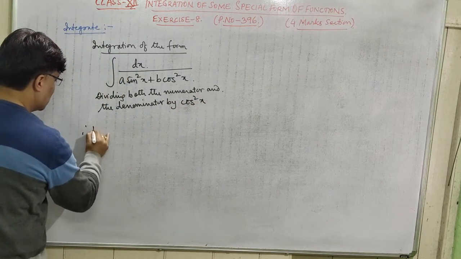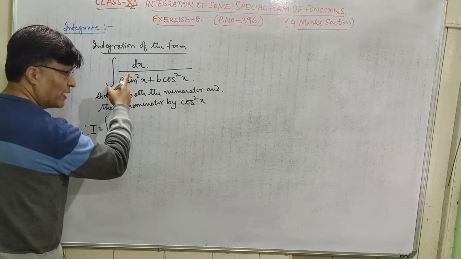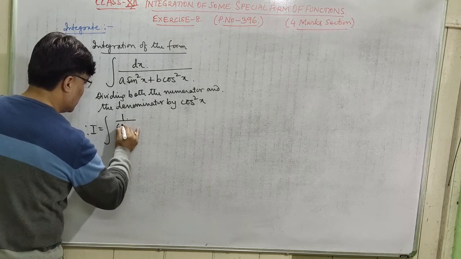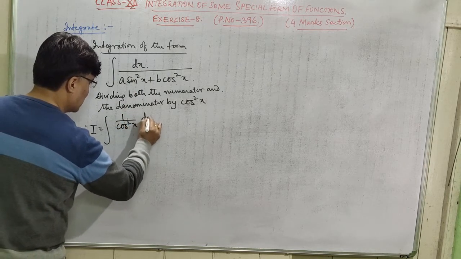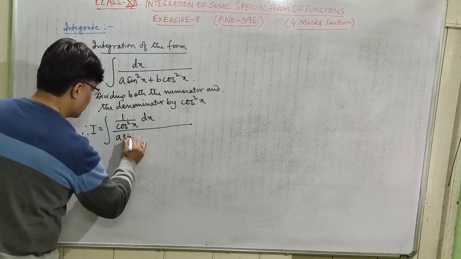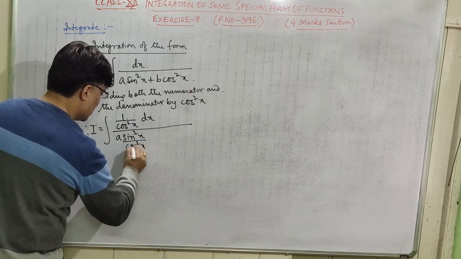Okay, so this is I is equal to integration of, so you divide both the numerator and the denominator by cos square x, so it is 1 by cos square x dx, and in the denominator also you should divide both the terms by cos square x, right?